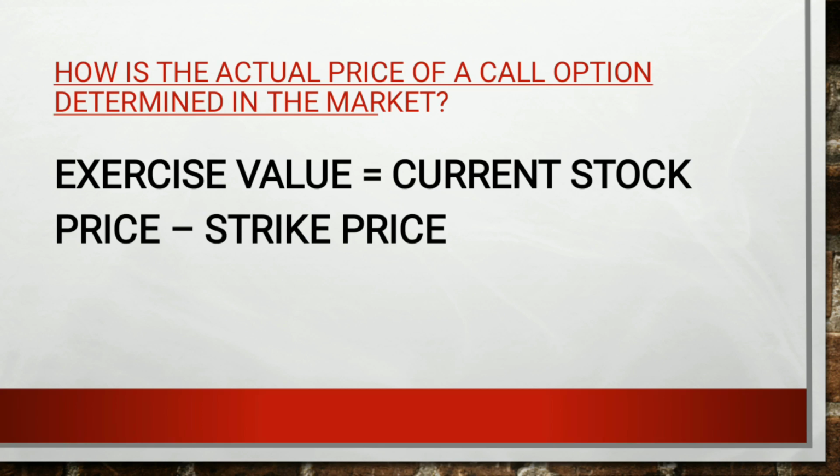For example, if a stock sells for 50 pesos and its option has a strike price of 20 pesos, you could buy the stock for 20 pesos by exercising the option. You would own a stock worth 50 pesos, but you would have to pay only 20 pesos. So therefore, the option would be worth 30 pesos if you had to exercise it immediately.